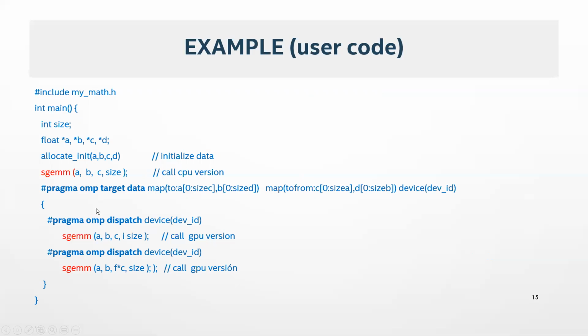Now that variant automatically kicks in, replaces this, and uses the device pointers. These were already mapped and sent to the device, so here you would query and get the device pointers, and you would call the specialized device version, the GPU version. Similarly, you can repeat that again, pass something different, and call the device version.